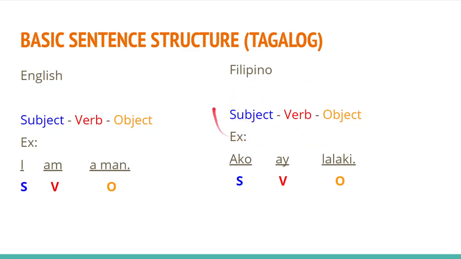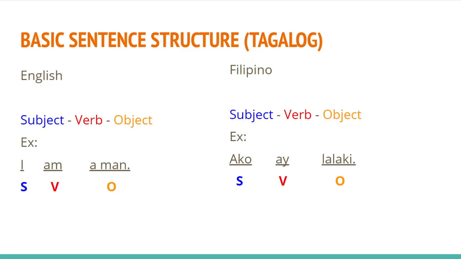This is actually rare, but it is the best structure if you want to introduce yourself, like ako si Summer. Si is not actually a verb, but it's like a marker, my name is.